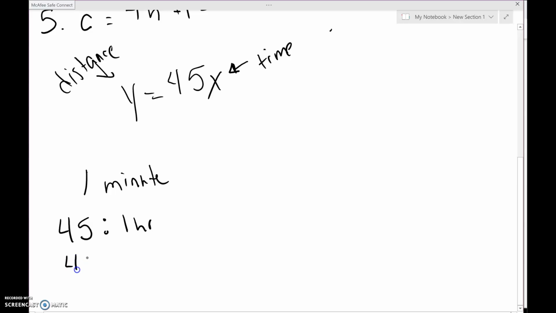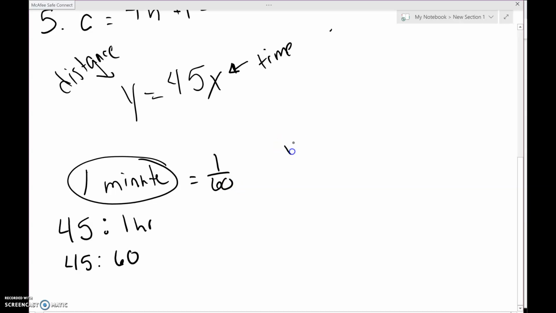Well, I could write it as 45 to 60 minutes, but I want to know 1 minute. So 1 minute is 1/60th of an hour. So now I can solve this equation. y equals 45 times 1/60th. If I put parentheses around numbers, that means times as well.